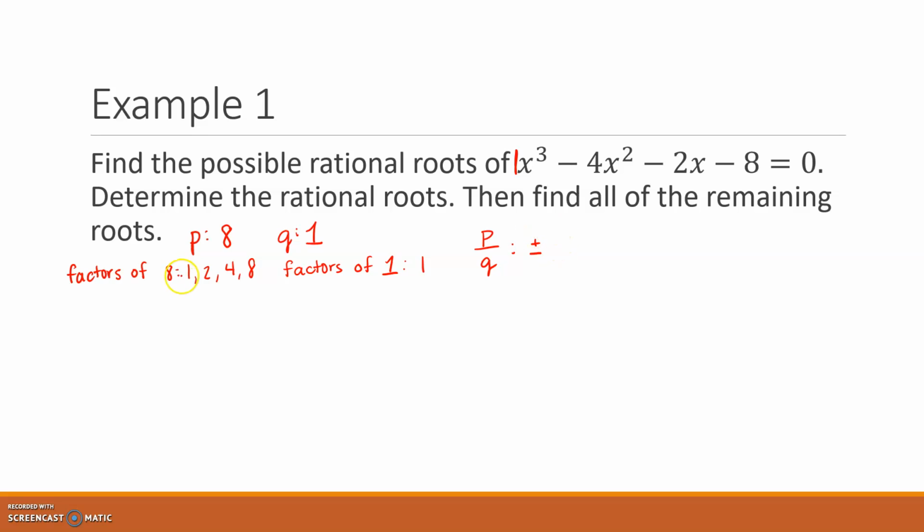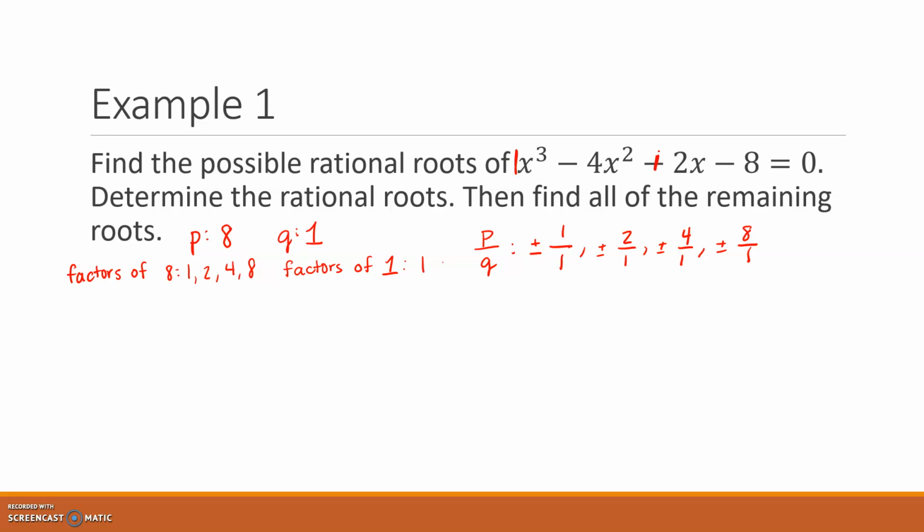So I'm going to put p over q: 1 over 1, now 2 over 1, 4 over 1, and 8 over 1. And now I have 1, 2, 3, 4, 5, 6, 7, 8 possibilities of possible roots for this problem. Oh, this was supposed to be a plus. I thought I changed that. Sorry.